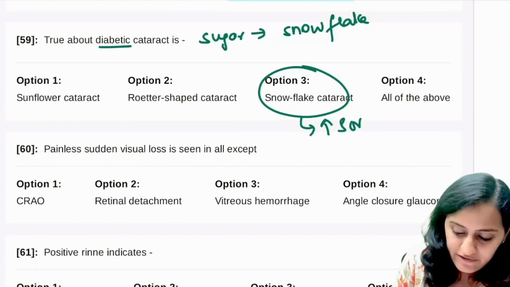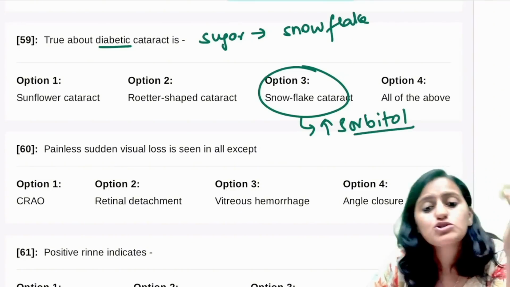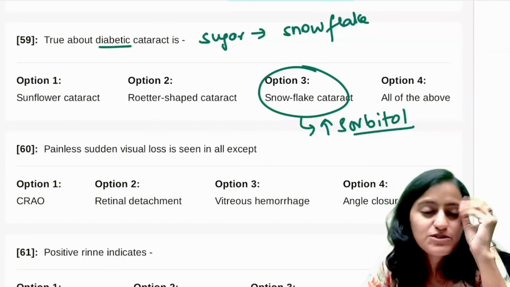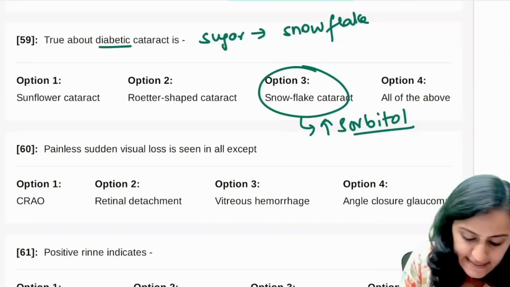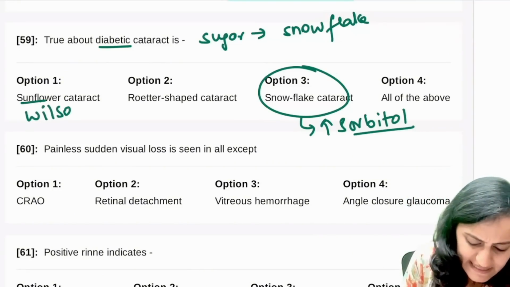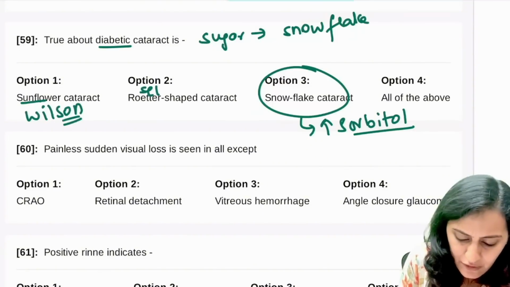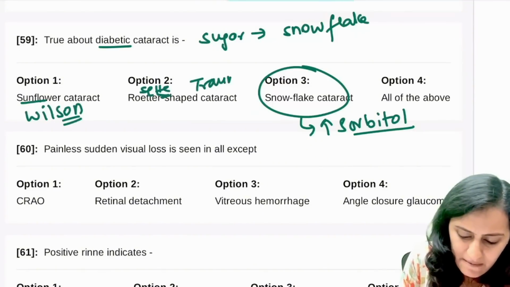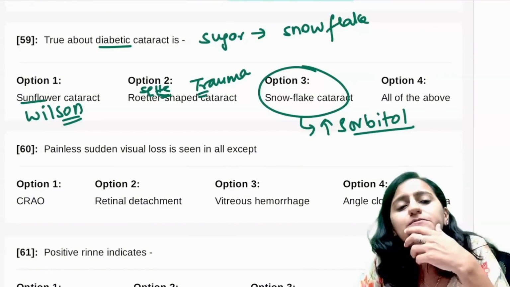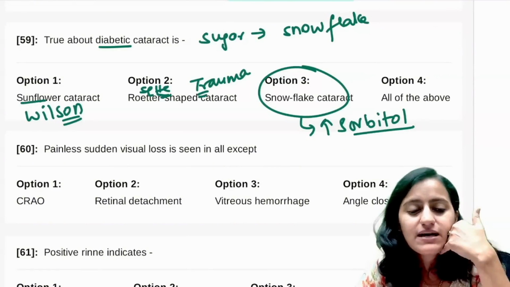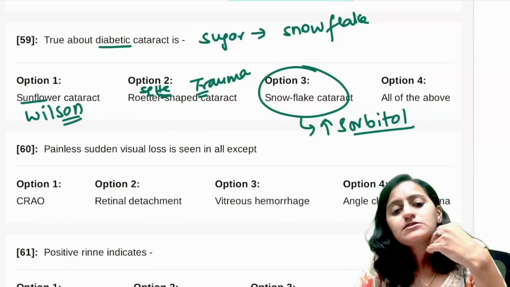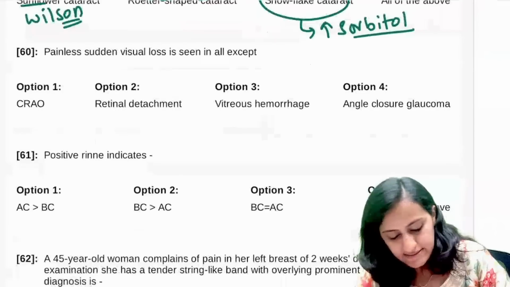It is because of the glucose getting converted to sorbitol, the alcohol form, which causes water accumulation there. Sunflower is seen in Wilson's disease. Rosette is blunt trauma, उसमें Vossius ring दिखता है, ये सब हमने देखा हुआ है. So these are the various cataracts.